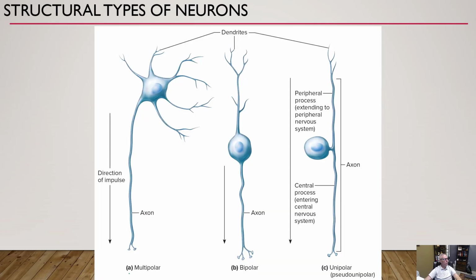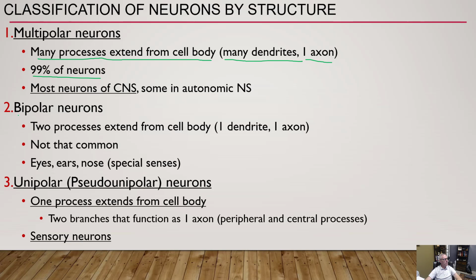So multipolar neurons, lots of dendrites. So here, 1, 2, 3, 4, 5, and then the one axon. So this one has 6 processes coming off of the cell body. In reality, we're talking about thousands of dendrites, but one axon. In a bipolar neuron, we only have 2 processes coming off of the cell body, one dendrite and one axon.